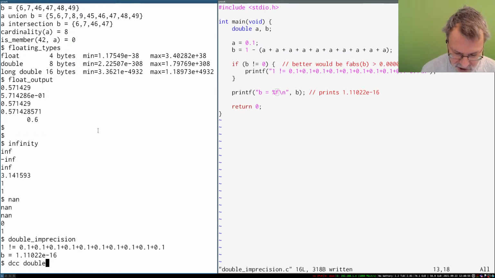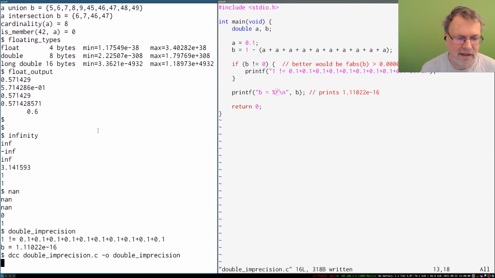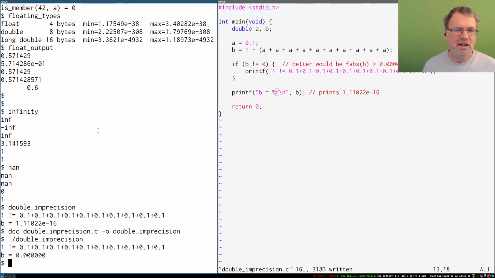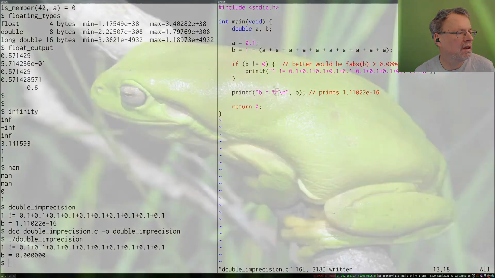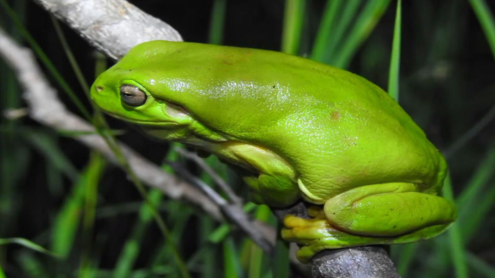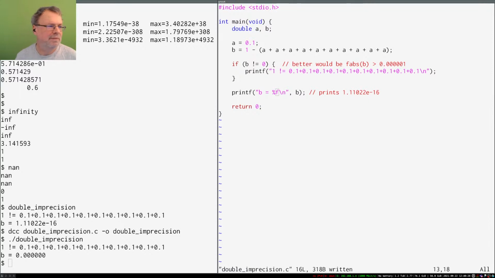Double precision. Recompile. That will just print out zeros for me. Let me show you. Am I telling the truth? I am telling the truth. Actually, I might flip my head to the left now. Oops. There we go.